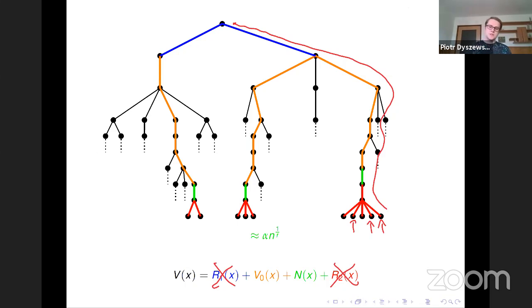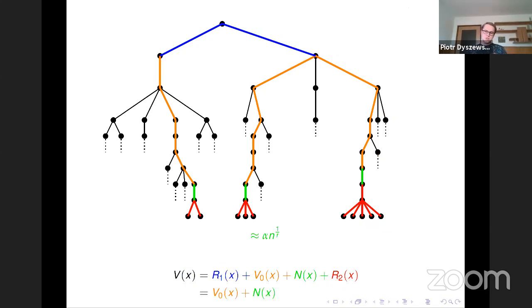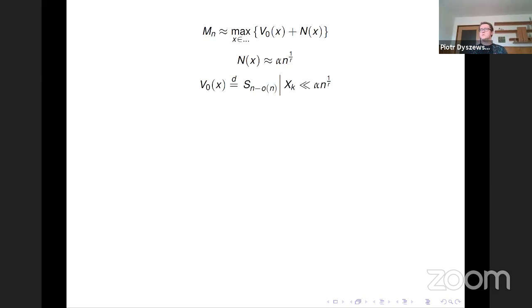All right, but this tells us that the positions of these admissible particles asymptotically are just the orange parts and those green jumps, right? And those guys are independent. So we are quite happy. So now we need to compare those two, right?